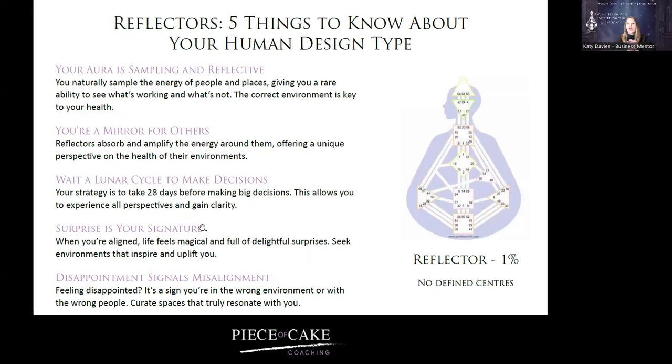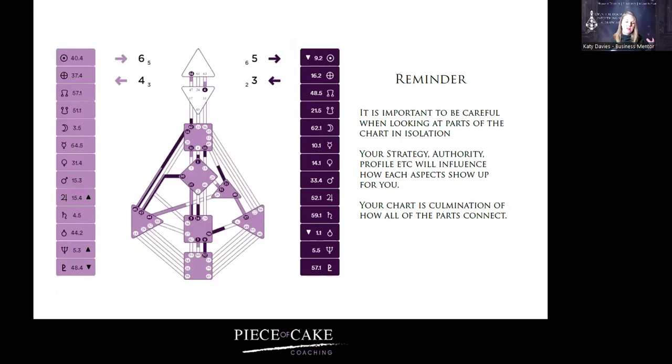So, as I said, that's not the full scope of everything to do with being a reflector or your human design, but it is hopefully giving you an insight, might give you some answers, might help you to get started on your journey. I do have a little caveat around learning human design. It's very important to remember, when looking at the parts of the chart in isolation, that how everything comes together does make a big difference to your chart.